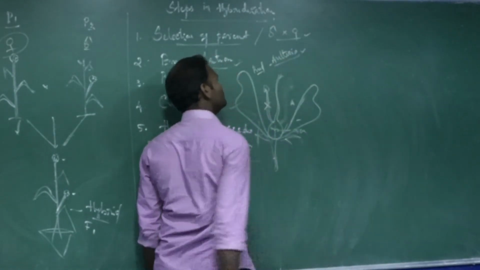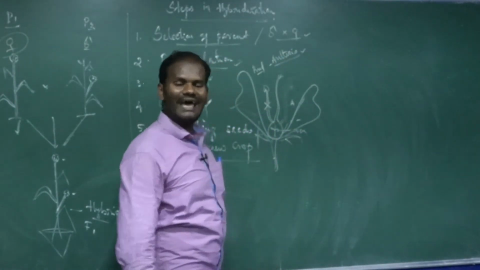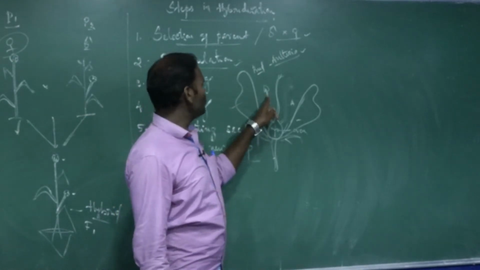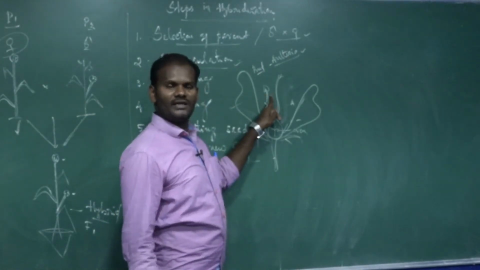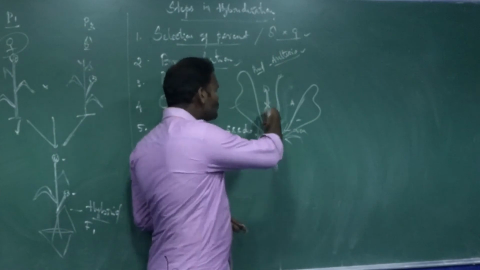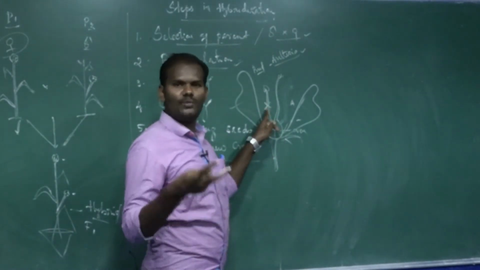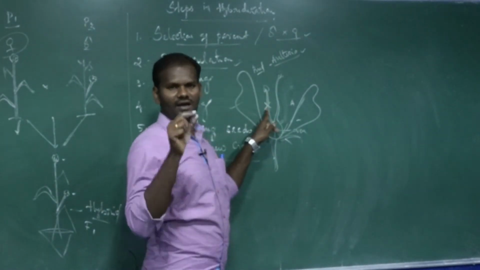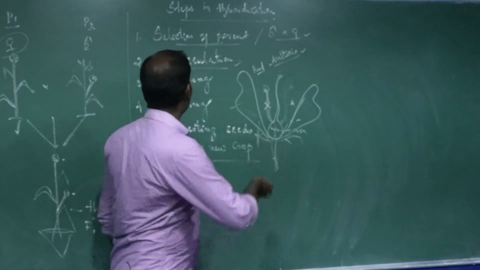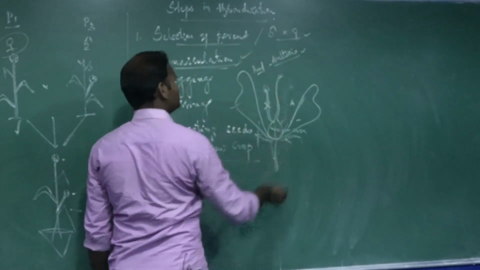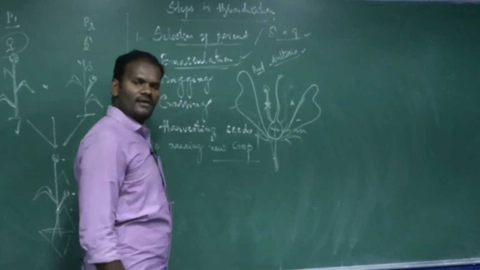Anthesis is the maturation of the anther. Before maturation of the anther, in the bud condition, we have to remove the anther with the help of scissors or forceps. This process is called emasculation.